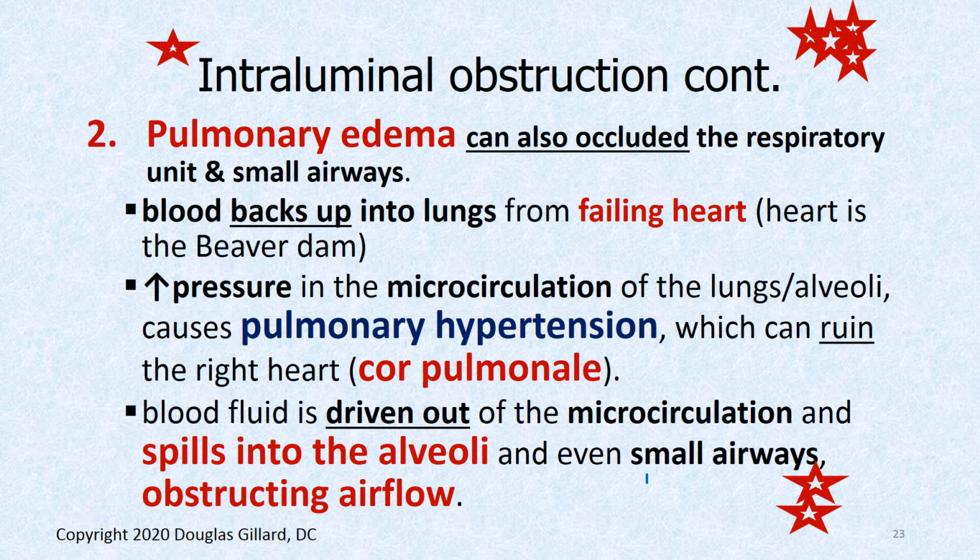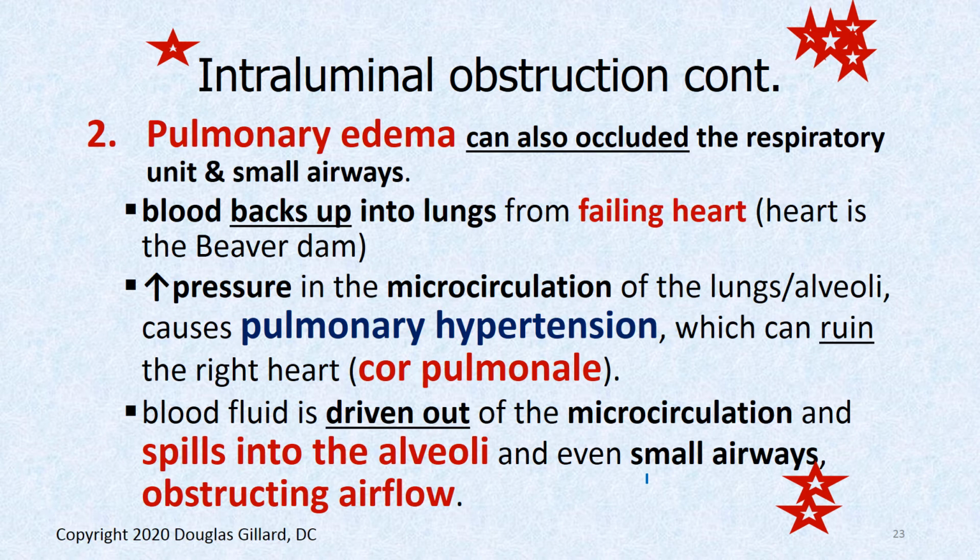And if the pressure gets high enough, you'll start dumping too much blood fluid into the interstitium between the capillary and the alveoli. And if the pressure gets still higher, you're going to actually push that blood fluid into the alveoli. So now you've got basically interstitial fluid dumping into the alveoli, and you're starting to drown.